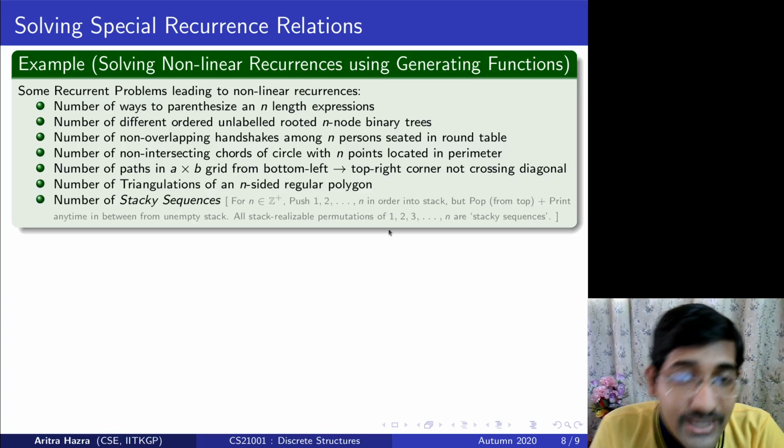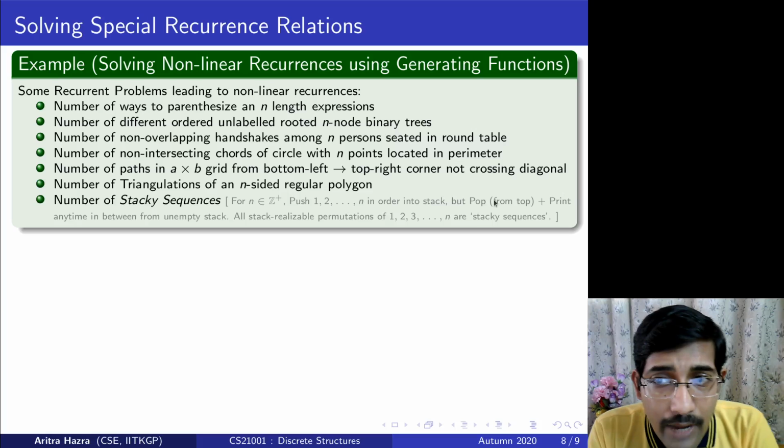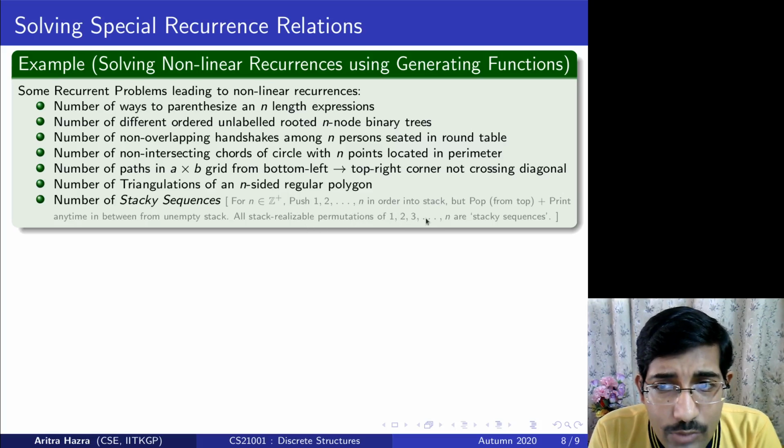Number of stacky sequences, which means that I will try to push 1 to n in order and pop and print anytime unless the stack is empty. What is the realizable sequence that I will get as my output of the print?